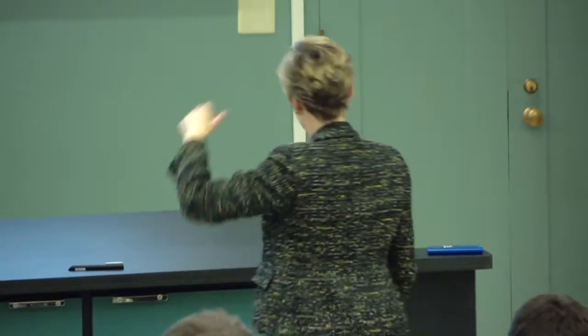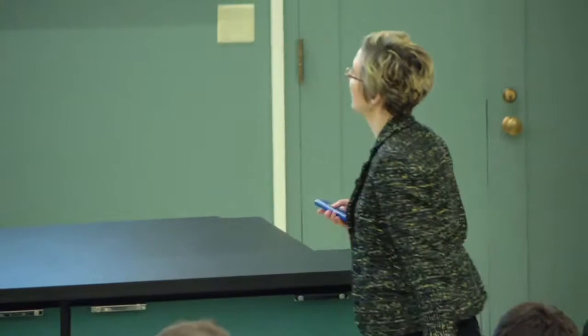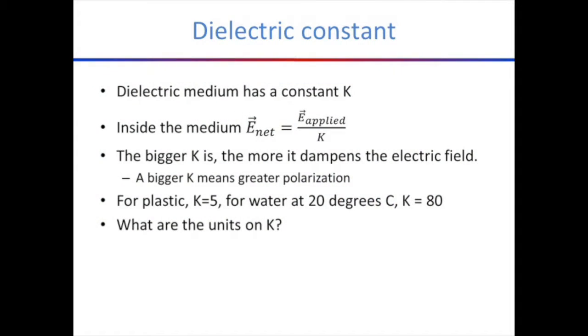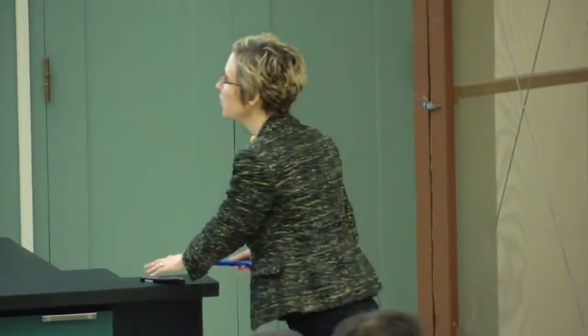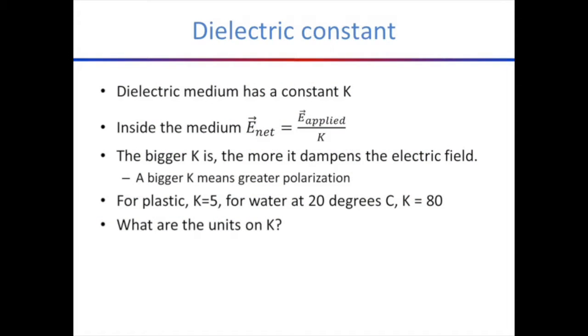And so by doing that, we learned that inside the medium, the net electric field is a little bit reduced from what you applied. So I take some insulator, I apply an electric field, the insulator polarizes, and it polarizes so that in its interior, the net electric field, the total average over, say, 10 atoms at a time, is going to be reduced. And it's reduced by a factor called the dielectric constant K. So I apply an electric field.